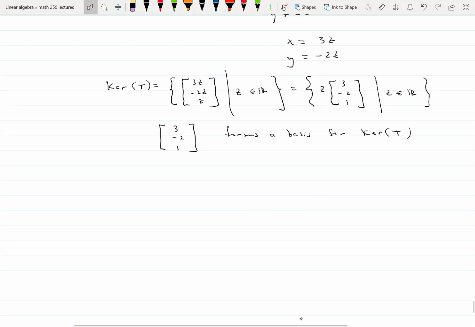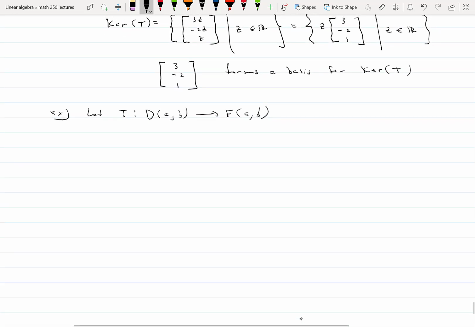Let's take a look at a different example. Let T be the linear transformation from the set of all twice differentiable functions on the interval AB to the set of all functions on AB. Don't panic. This is not a difficult example.